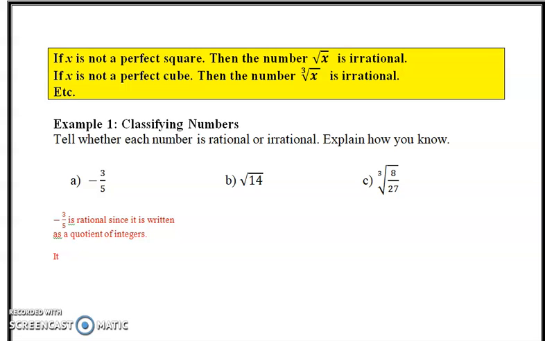So its decimal form is negative 0.6, which terminates. So those are both ways to show that it is indeed rational.